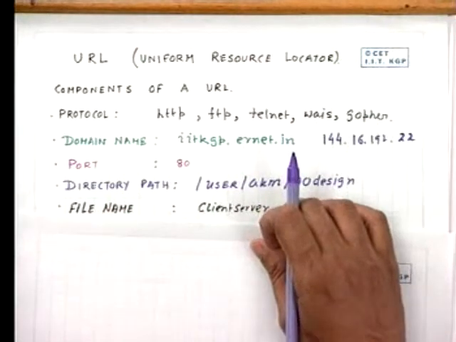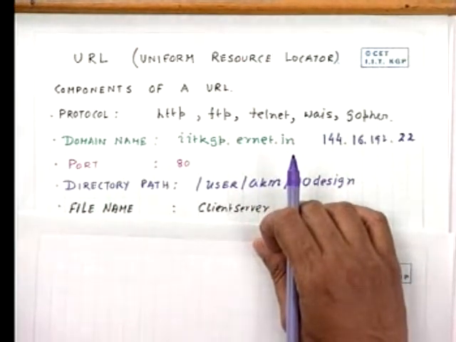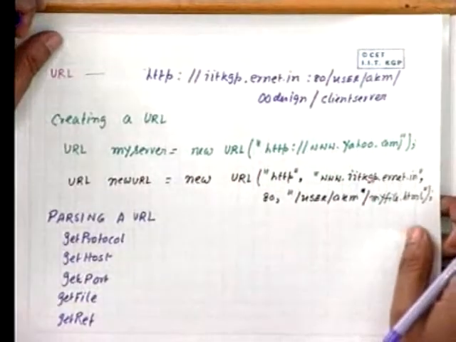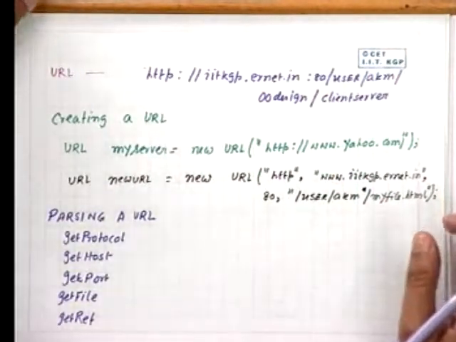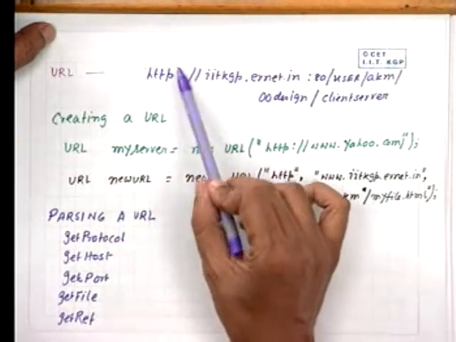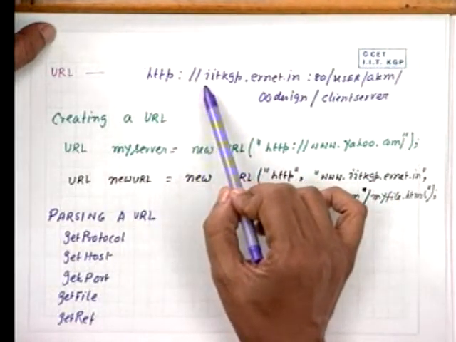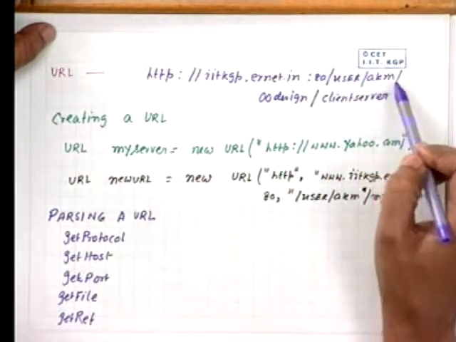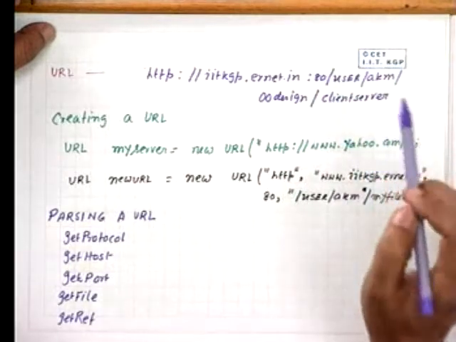Typically this approach is now frequently used in specifying the locations of files over the net. And typically a URL would be of this form, say HTTP, which is a hypertext protocol, and then we have the domain name, the port, the file directory, and the file.